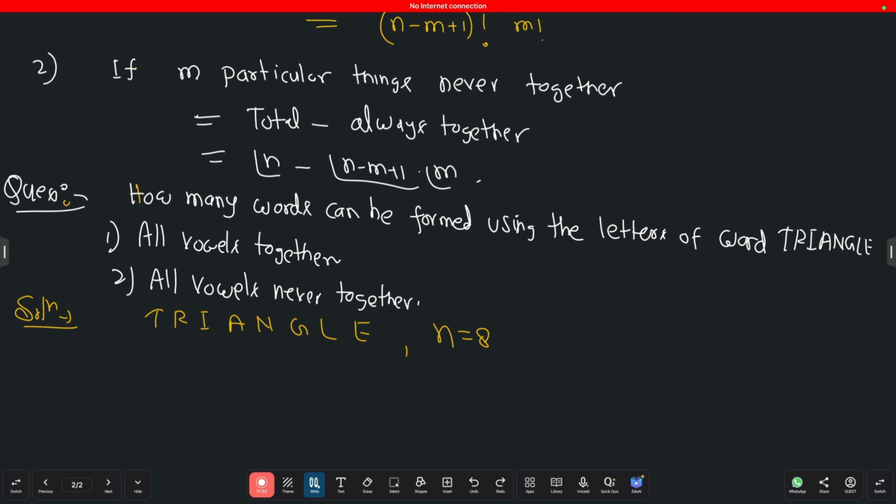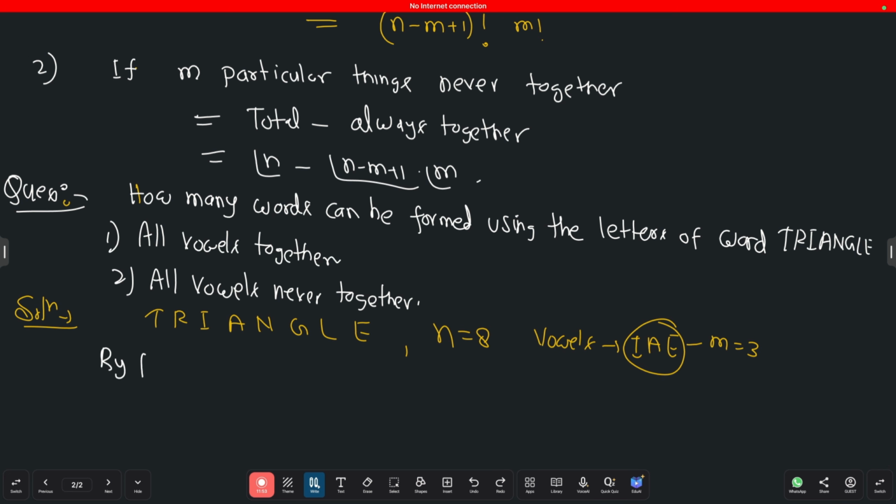Triangle, n value is 8, and they said all the vowels together. How many vowels? Which are the vowels? I, A and E. These all are together. It means the m value is 3.